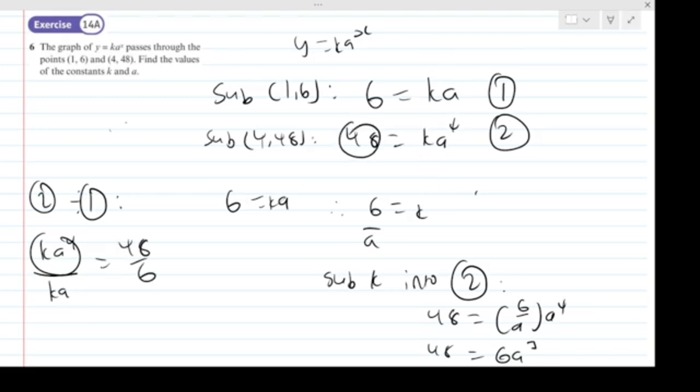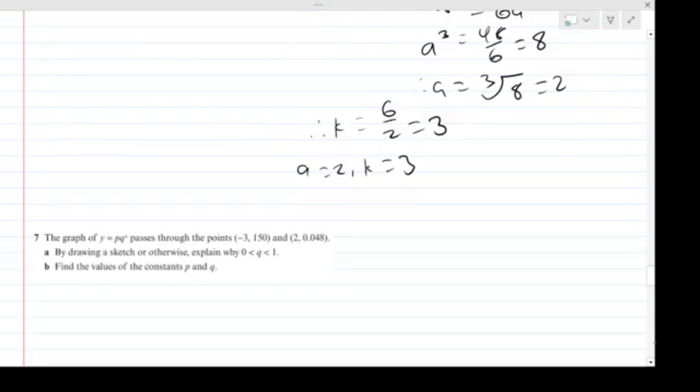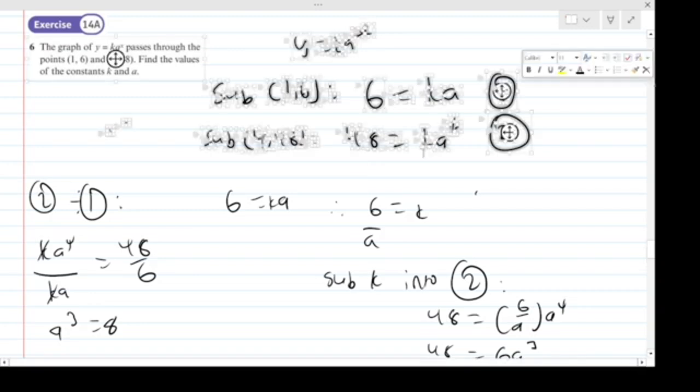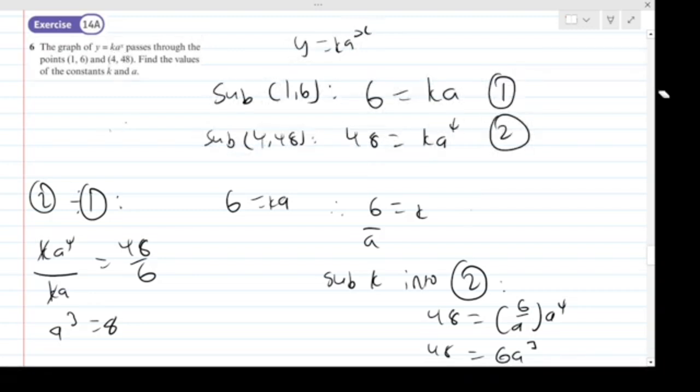And so the k's cancel here, and a to the 4 divides by a to get a cubed. And then 48 over 6 is 8. And then we get to the same process as we've seen here. So again, a weird simultaneous equation, but there are multiple ways of approaching it, okay? Whatever you find best, but there we are.